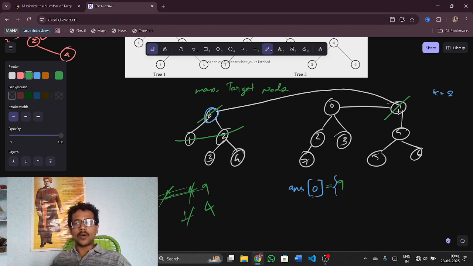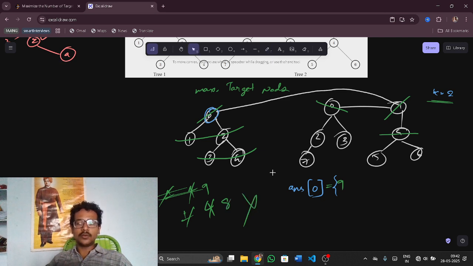Now I have at a distance of 2. I need to take only till a distance of 2, right? Which is less than or equal to k. Now at a distance of 2, I have 1, 2, 3 and then 4. So 4 plus 4 will give us 8, but it is not greater.